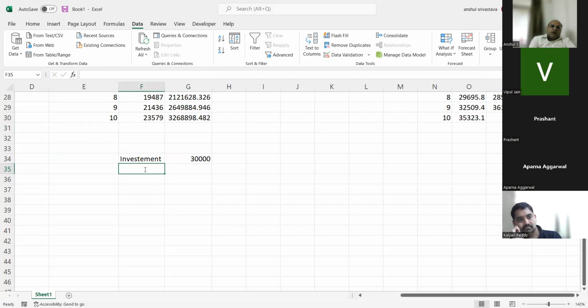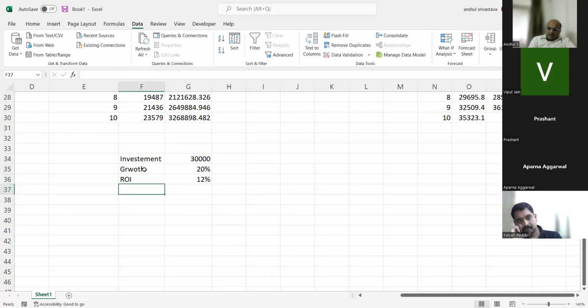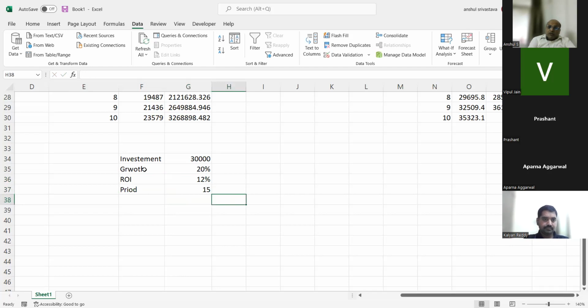Investment growth is, let's say, 20%. You are increasing it by 20% every year. Your ROI, let's take 12%. And the period of investment is 15 years. So how much money will you have?